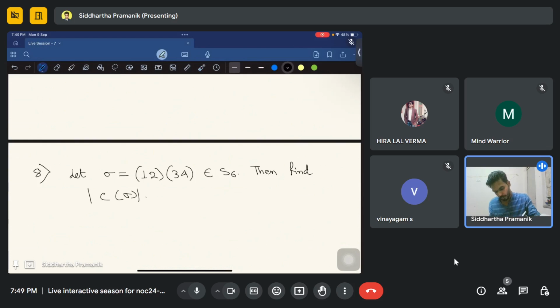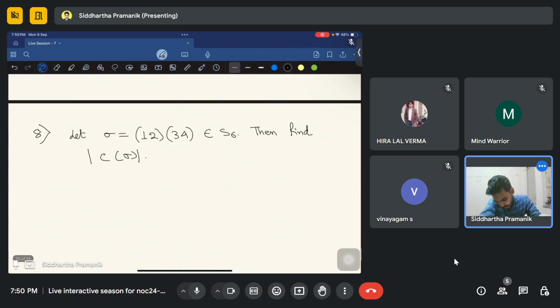So I hope you know the definition of centralizer. Let me write the general definition.